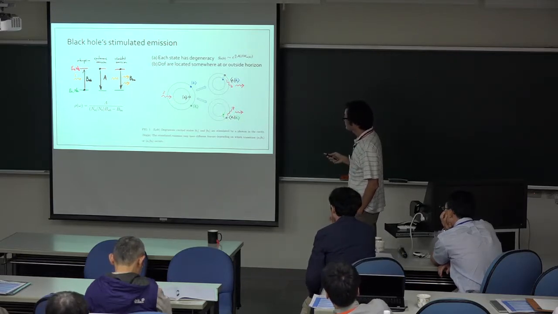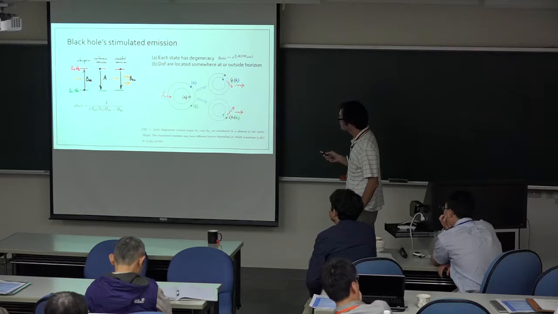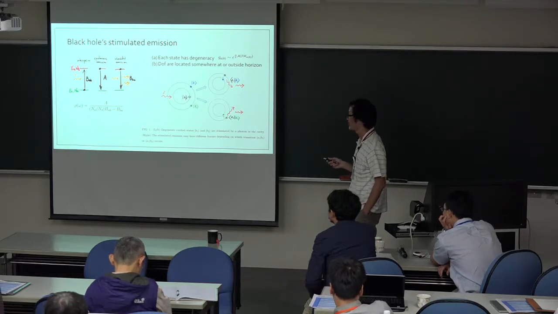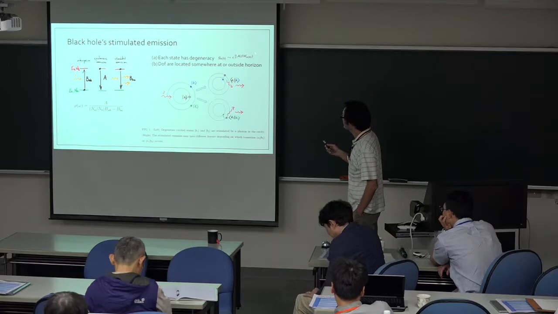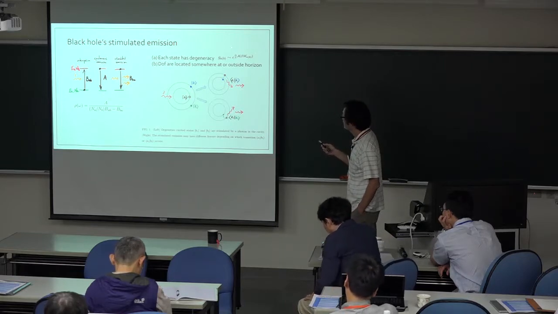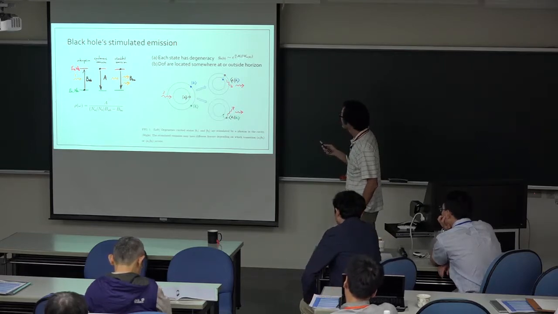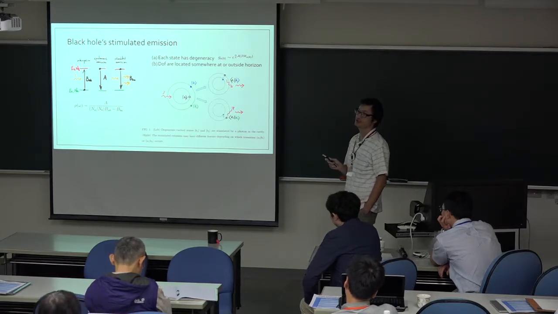So basically I argue that the feature emission should be due to the degeneracy, especially the degeneracy difference between two labels. That's my first observation. Given this degeneracy assumption, you already see that different labels correspond to different masses, so they have different degeneracy.